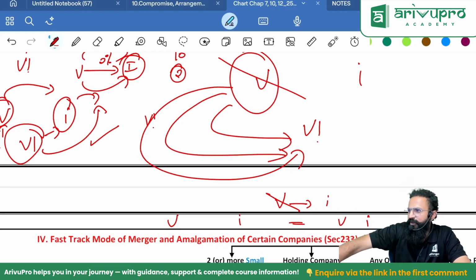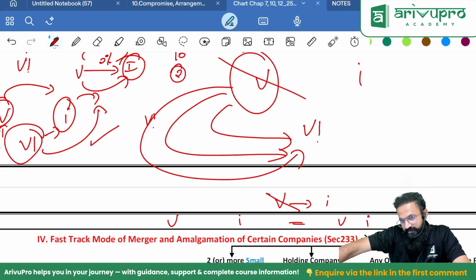This question can come to you also. Only one subsidiary, its 100% share will be with the holding company. So in a private company there should be 2 shareholders. What is that process?